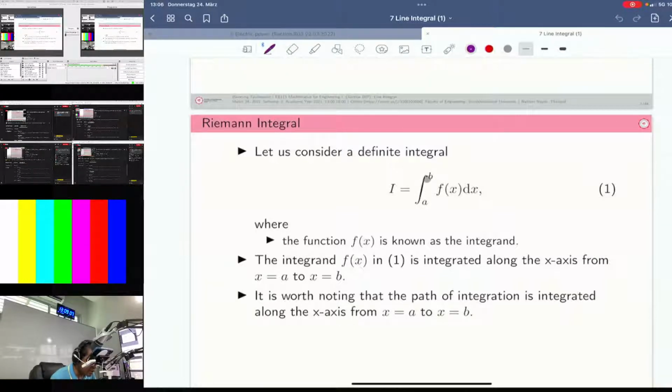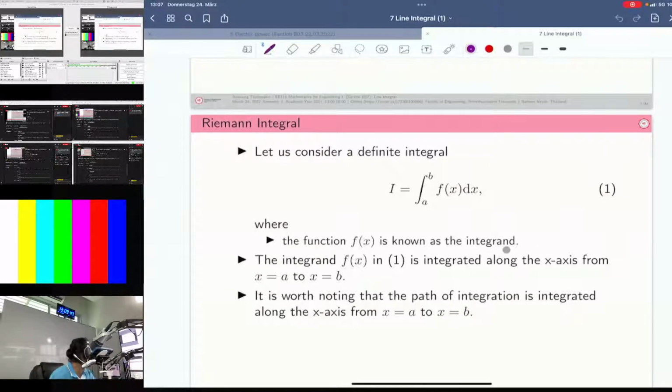It's the integration of the function f(x) with respect to the variable x, from point a, the lower limit, to the upper limit b, and it's supposed to be a real value quantity. It could be either a negative value or a positive value. The function f(x) is known as the integrand.